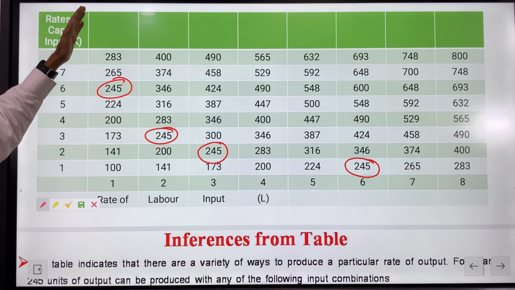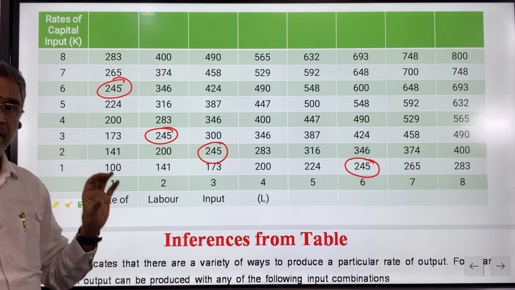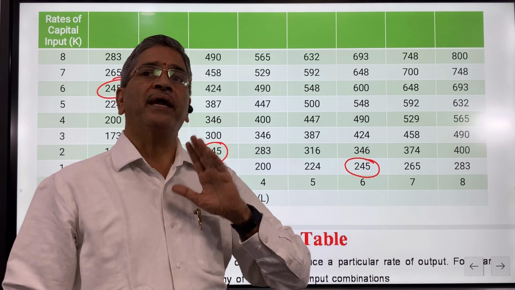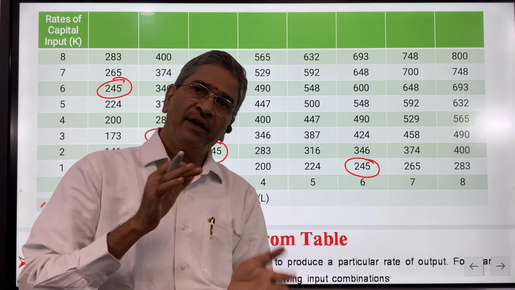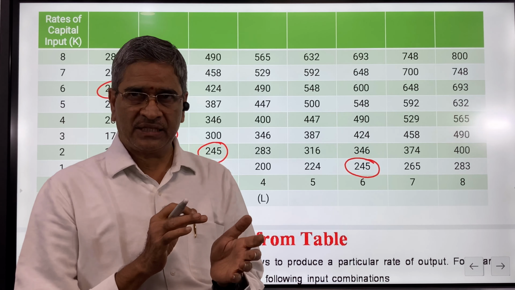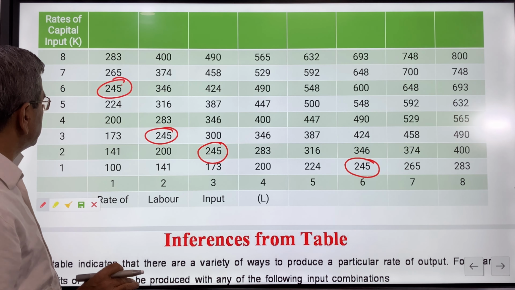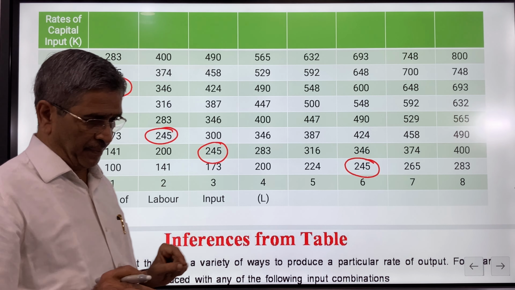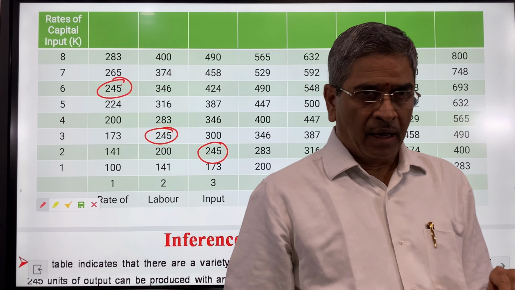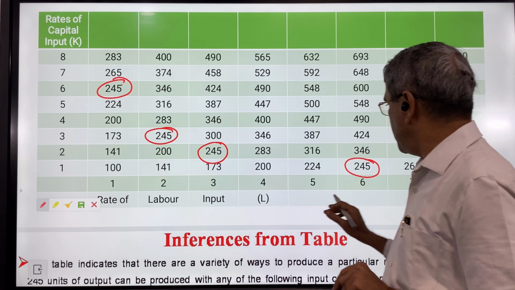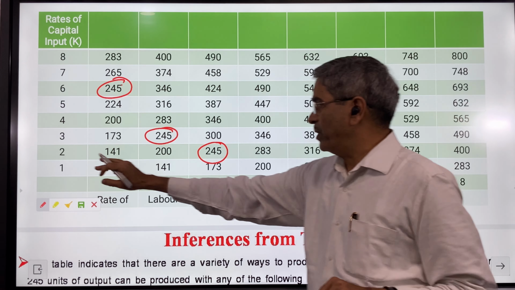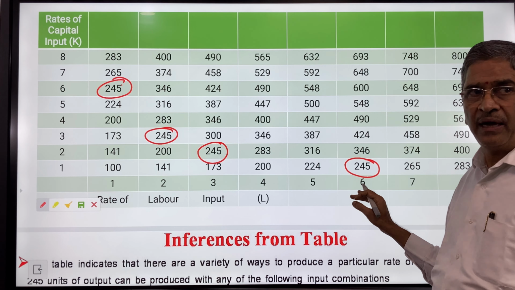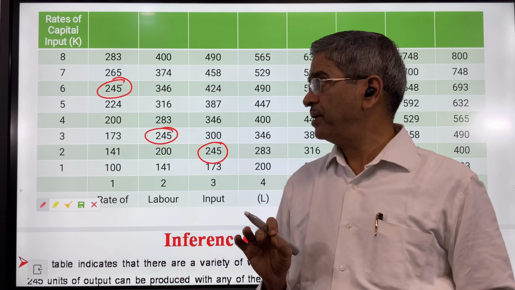It means this 245 units, that is the quantity of output, can be produced with a variety of combinations. The combination could be 6 units of capital and 1 unit of labor. Similarly, you can use 1 unit of capital and 6 units of labor also. Let me explain these two first.